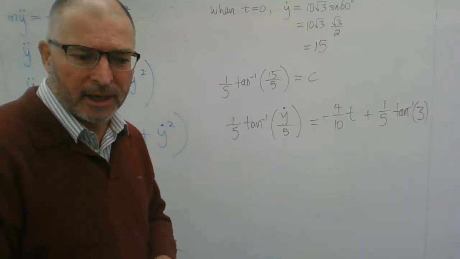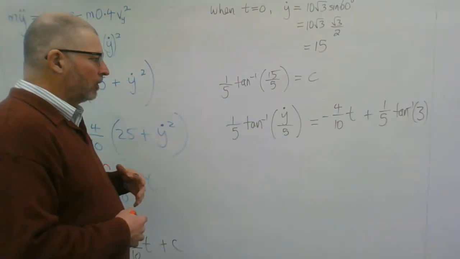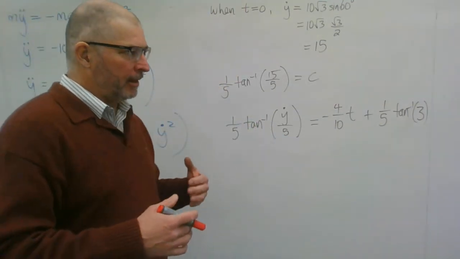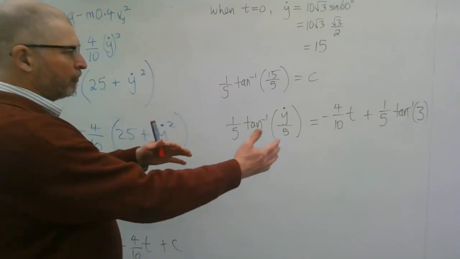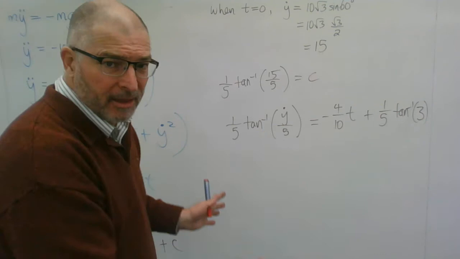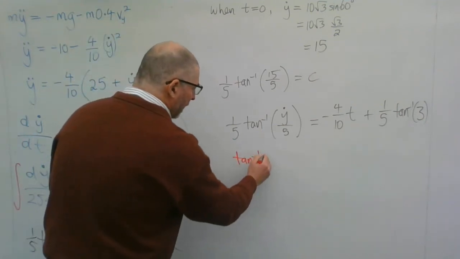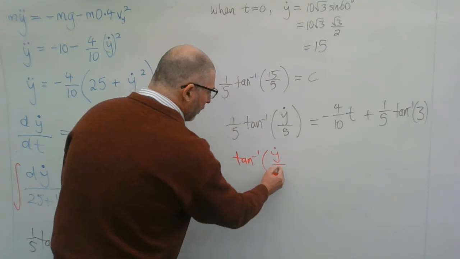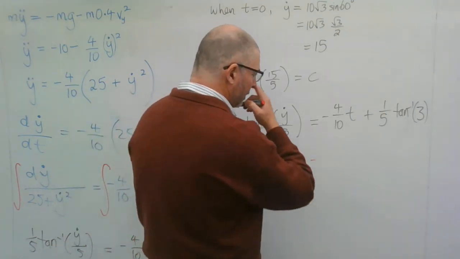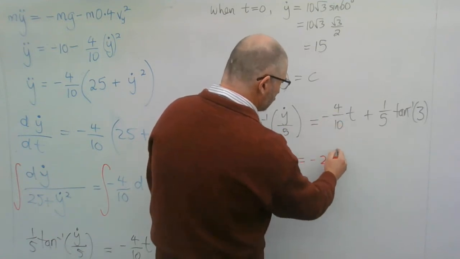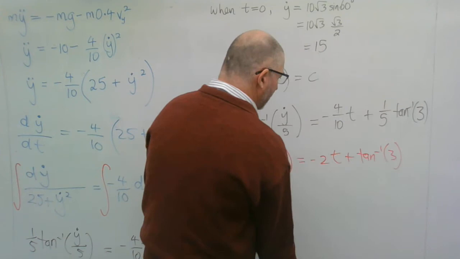So I'm going to use a little trick based on the formula for tan of a minus b. So first I'll times everything by 5 to make this look a bit better. This will be inverse tan of y dot on 5 equals minus, that's 2/5, so minus 2t plus inverse tan of 3.